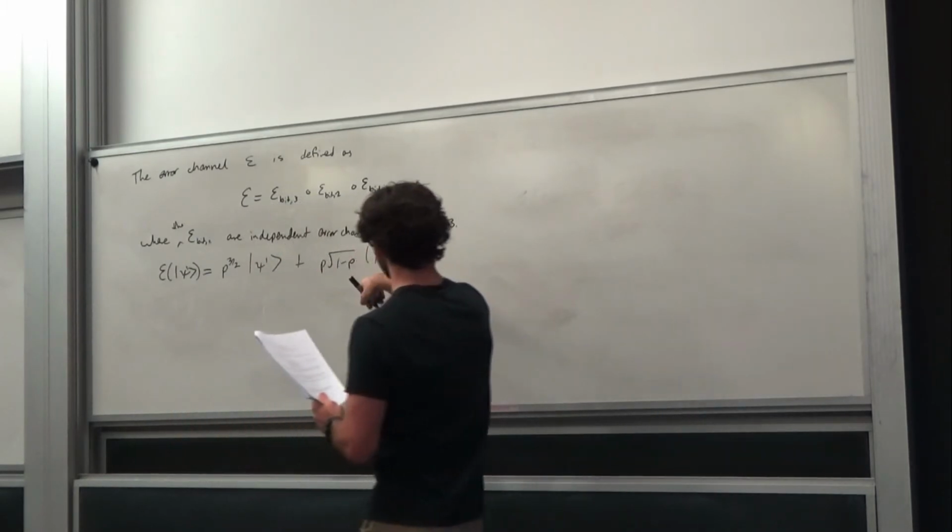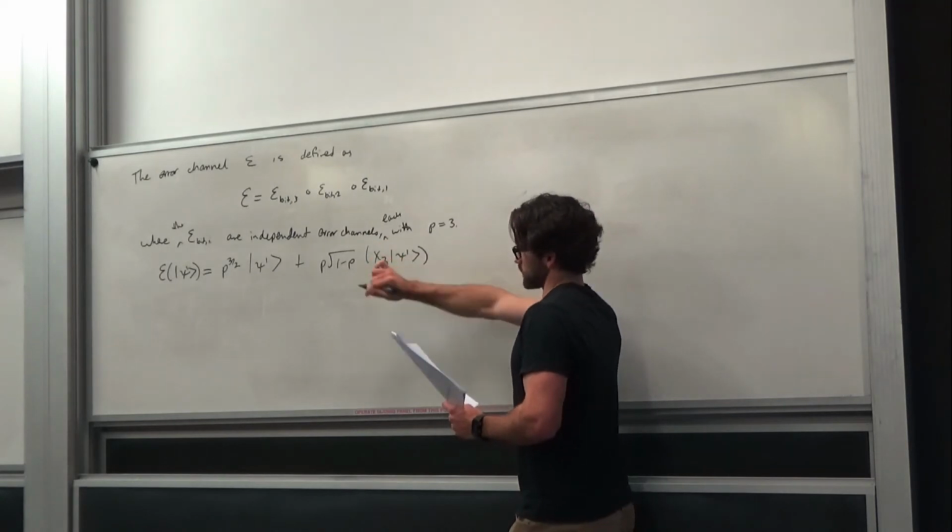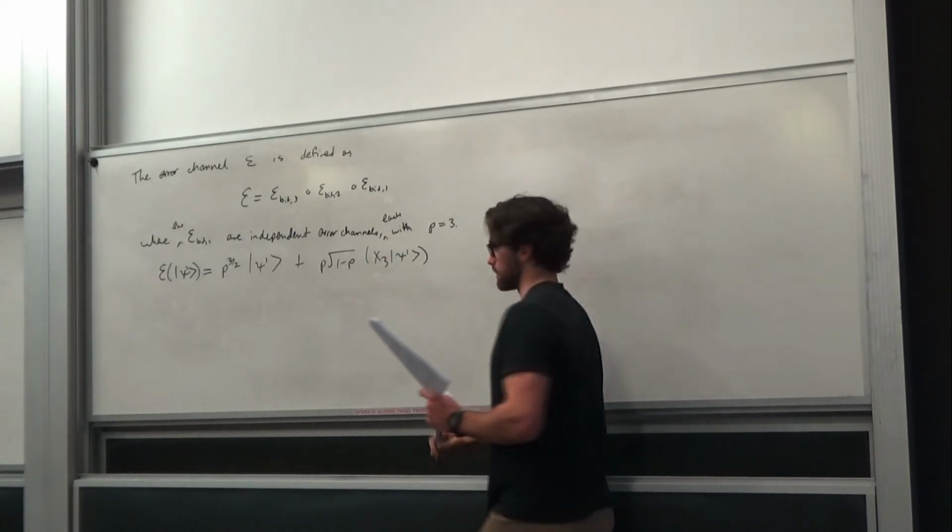So this notation means that X applied to the third qubit and implicitly implies that identity applied to the other two qubits.